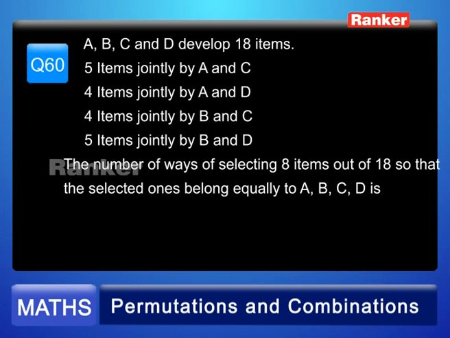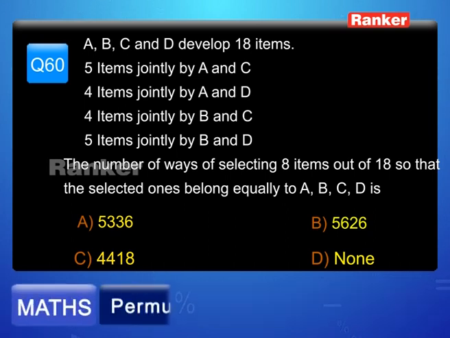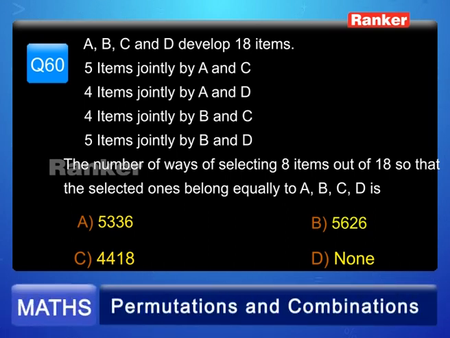The next question before us is question number 60. In this question, there are 4 persons who like to develop some items. Altogether, those 4 persons A, B, C and D develop 18 items.